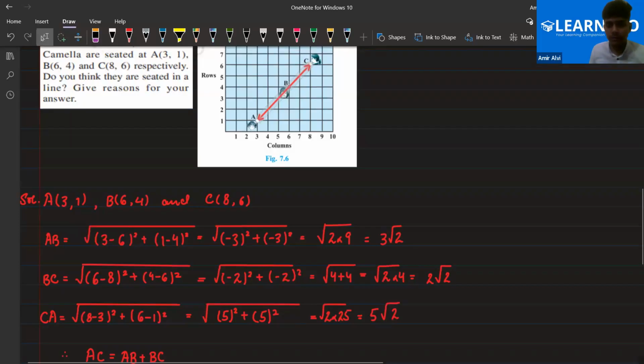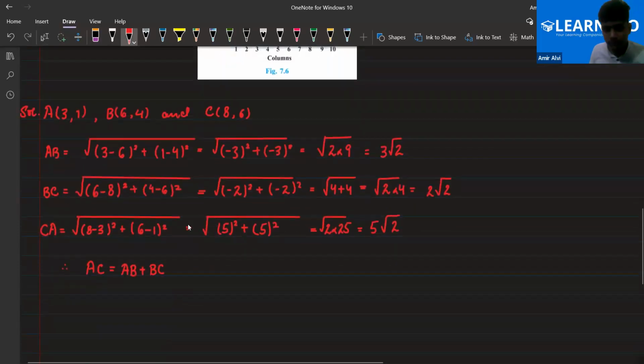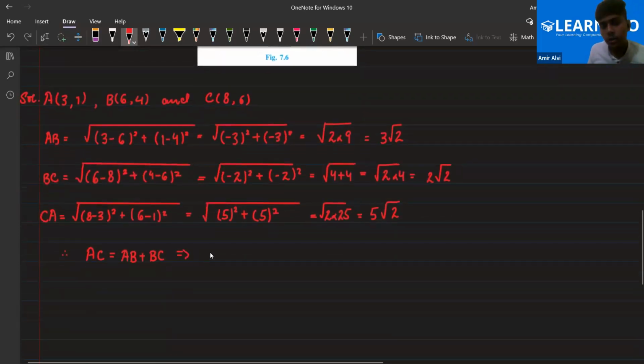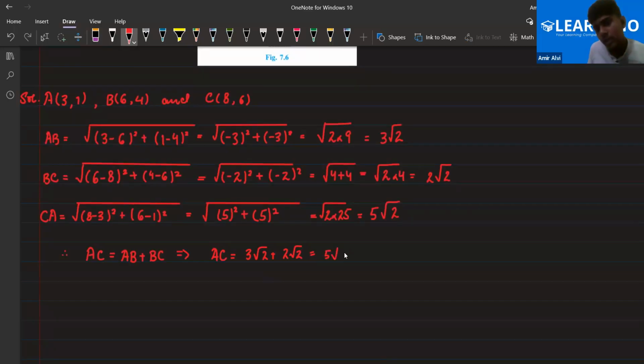So now I'm going to substitute the values of AB and BC, that is 3 root 2 plus 2 root 2. So it is 5 root 2, yes or no? Now see, that's what we calculated as CA or AC, it's the same, right?